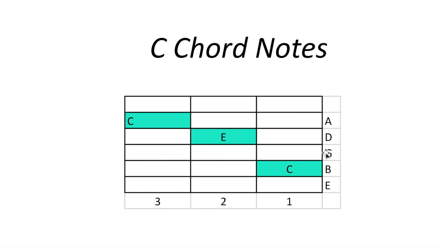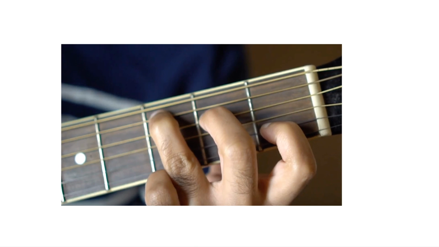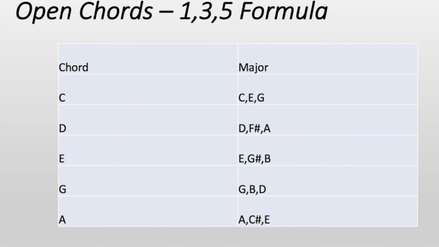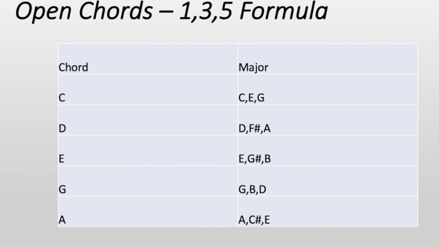So you're not playing this one, but you're playing G and E in open positions, and we already have C. So C, E, G. This is how you play your C major chord. Pretty much we have covered A, E, D, G, and C. So this is the theory lesson, which is lesson 1, and we'll be doing practicals next.